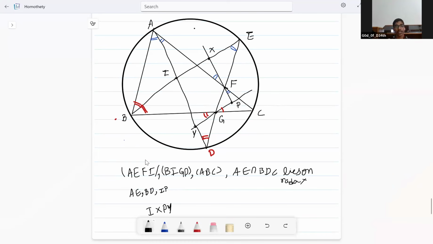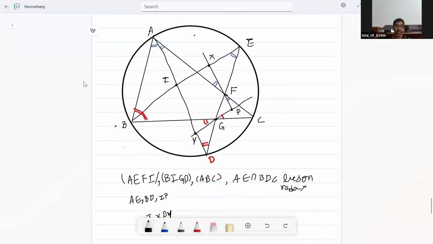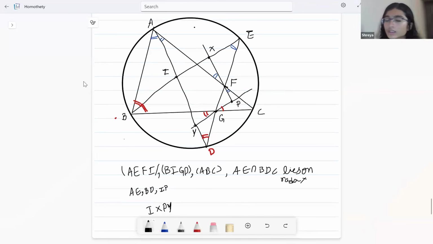So I, P, C are collinear. No, that should not be true. That would imply that P is the incenter. It could lie somewhere on the incenter circle, IFG. In fact, if it was equal to the incenter, then it would have to be isosceles because A and B would have to be equal, so these angles wouldn't work out. Okay, C does not lie on it.